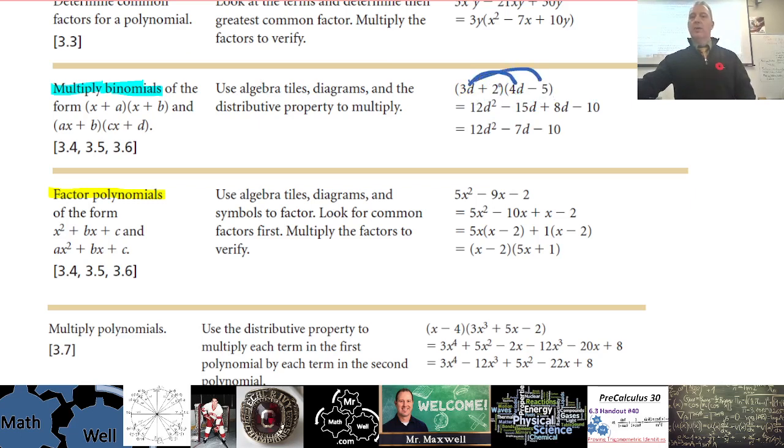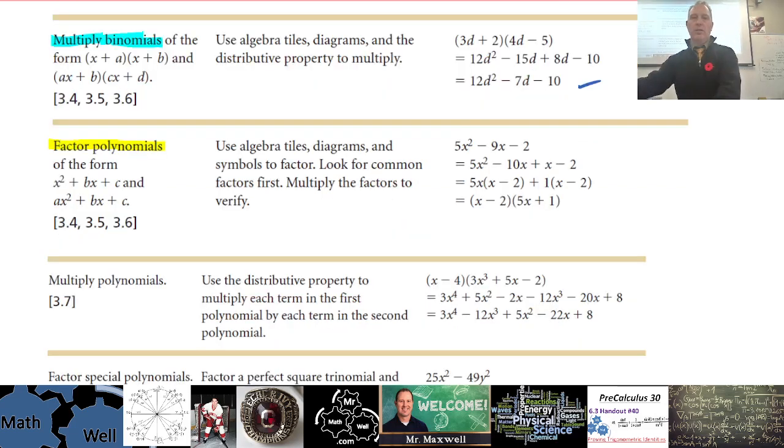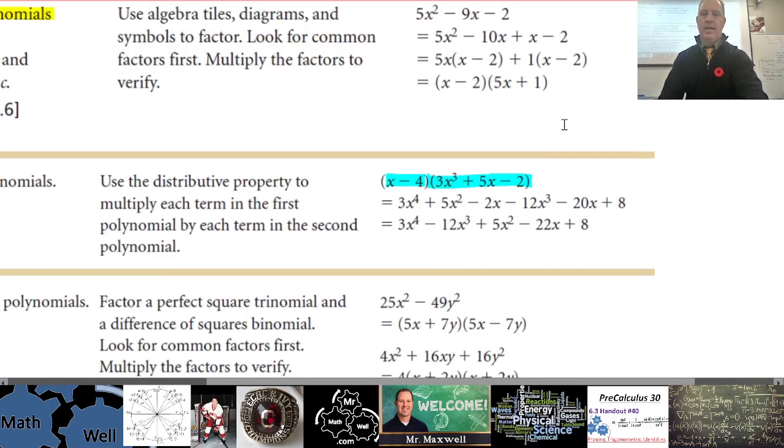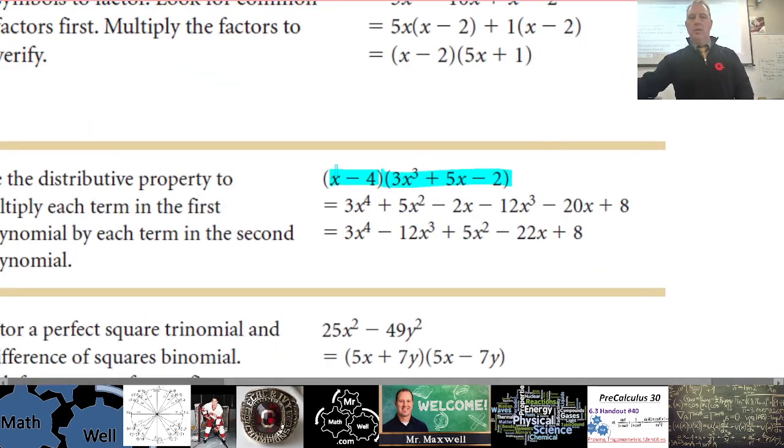Then we go to the next one. Multiply this by all the terms in the second as well, and we list them, gather like terms, and simplify. So FOIL method, distribution, which is studied further in 3.7, we have like a binomial times a trinomial. No problem, right? That's still just distribution, expansion.